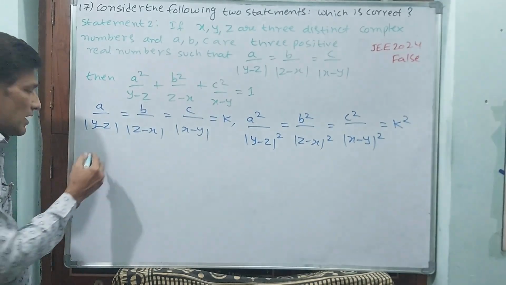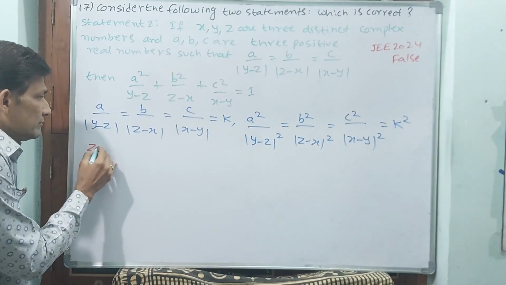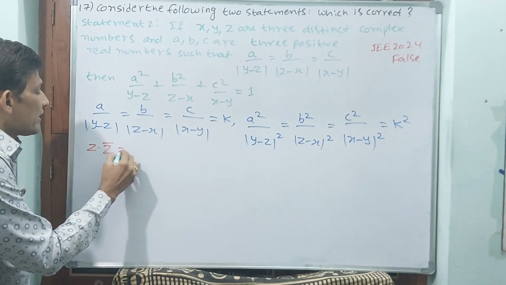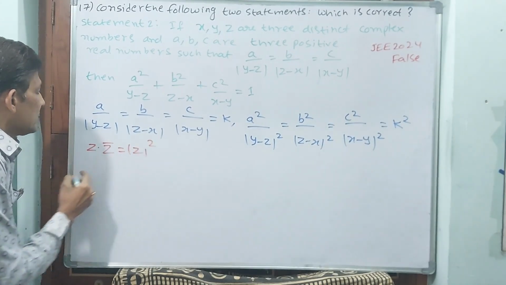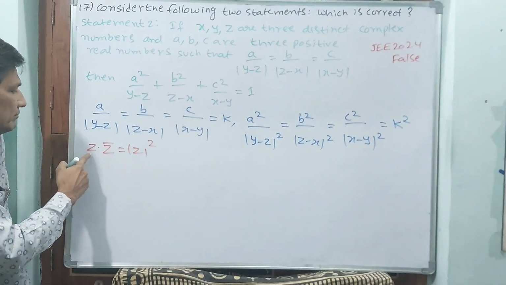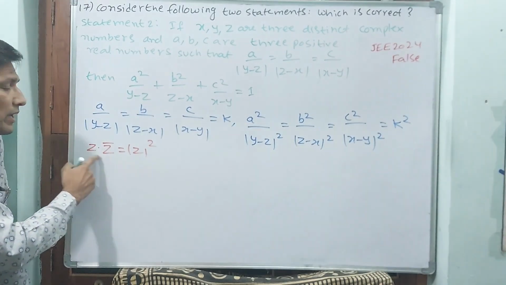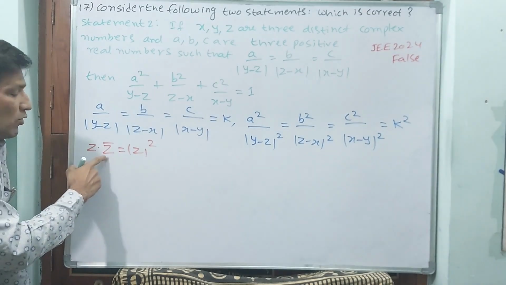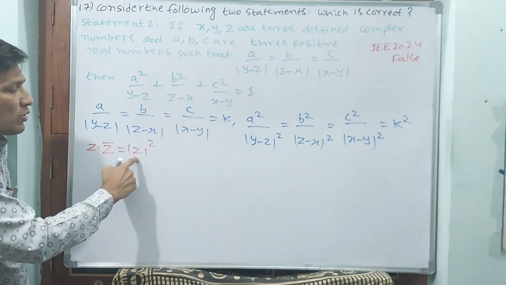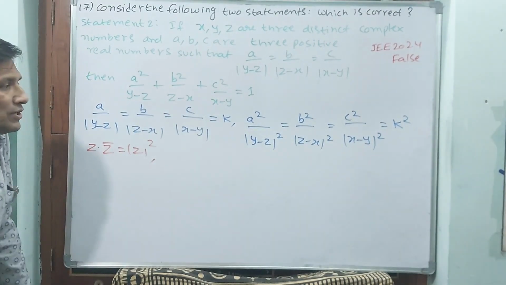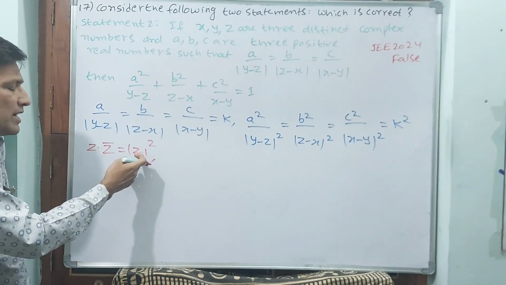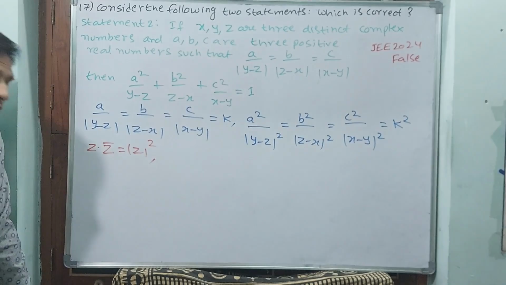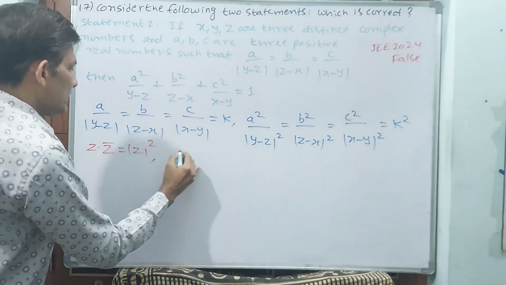But we know one formula: z into z bar is equal to modulus of z square. This is one formula. An ordinary complex number multiplied by its conjugate gives modulus of z square. Here modulus of z square is there, so can I split this like this? Yes, we can split it.